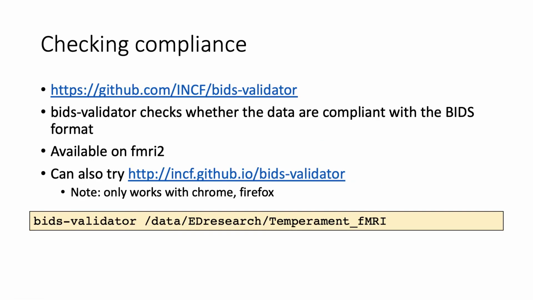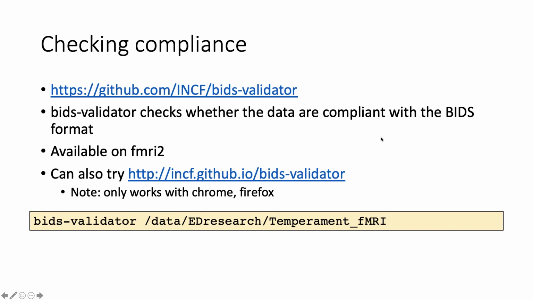And what's nice is that you can also check compliance. There's a website that has the BIDS validator, which, if you were to point it at your data, would tell you whether or not you're following the BIDS standard. Alternatively, there's an actual program that you can get off GitHub that you can use.